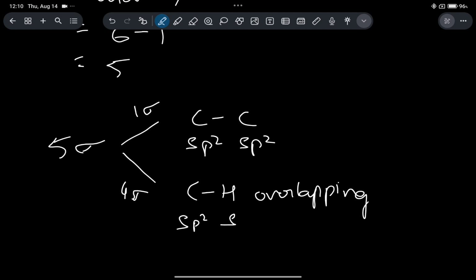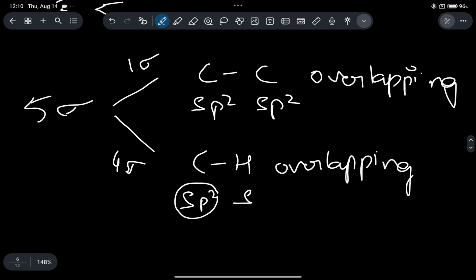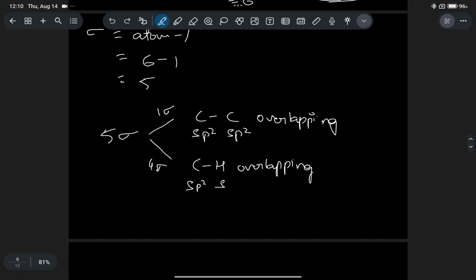This is also a competitive exam question, because they will ask in alkenes what the overlapping is between carbon and carbon, and which type of overlapping is between carbon and hydrogen. So you should know that it's sp2 and s between carbon and hydrogen, and carbon to carbon is sp2 sp2. They'll ask for alkene, alkane, alkyne.